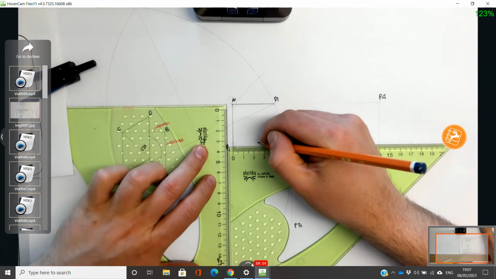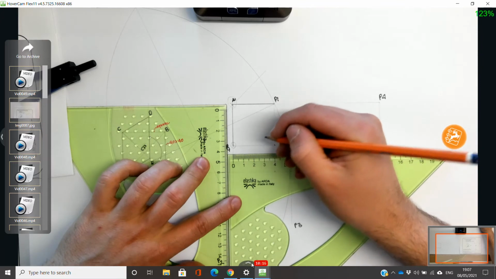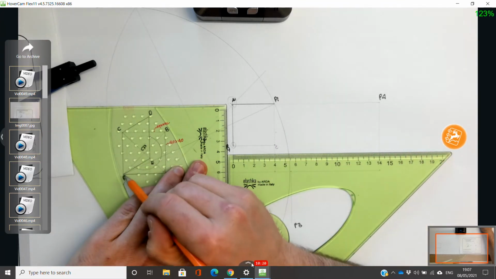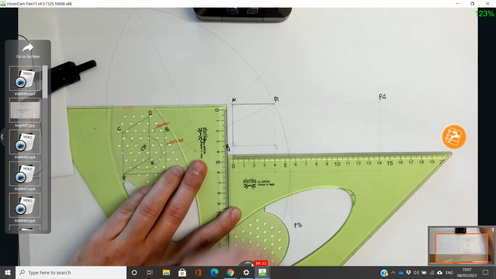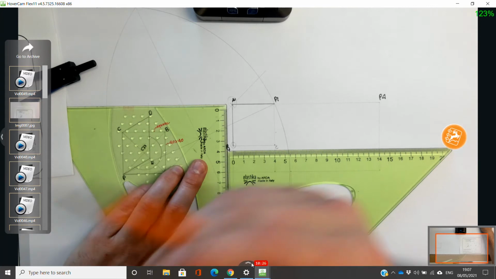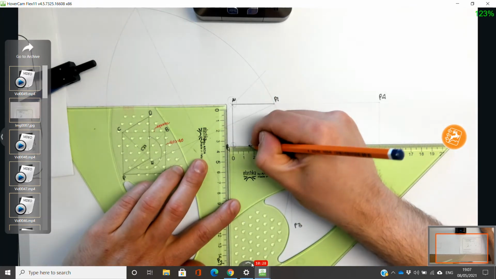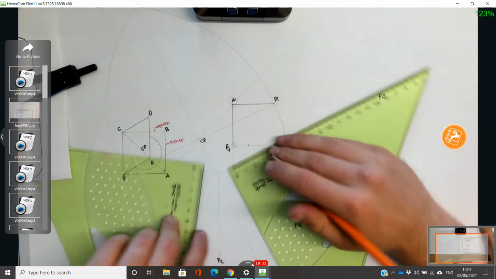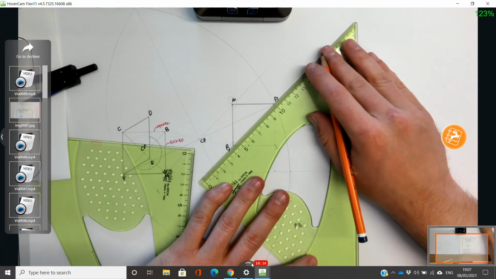Okay, this is point C. Now, the door comes from P to E. Alright, the distance from D to B is 15 millimeters. So 15. The diagonal joins P to B, the first diagonal.